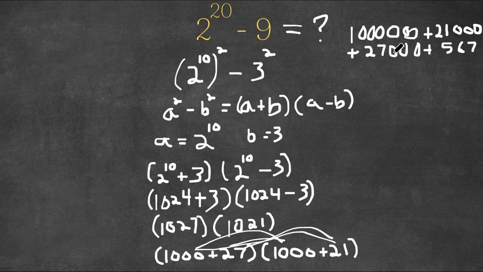so this is equal to 1, 0, 0, 0, 0, 0, 0, plus 48,000 plus 567.